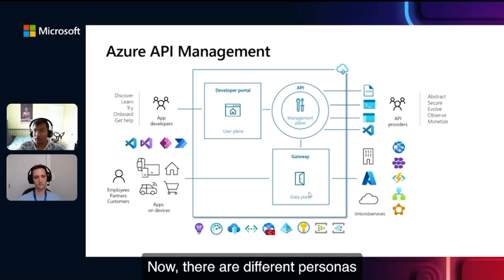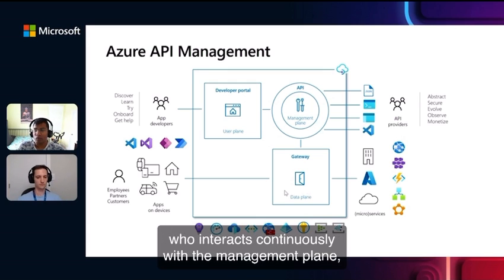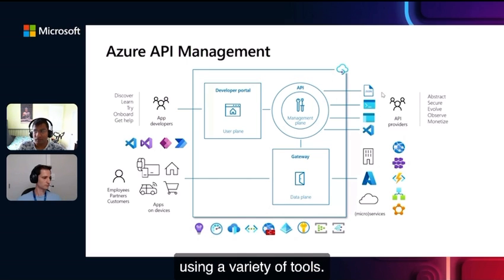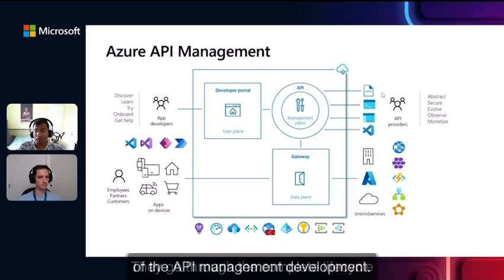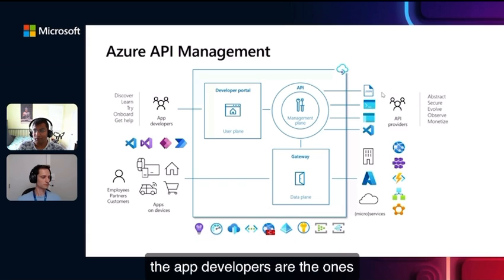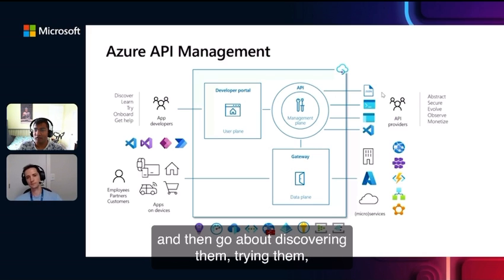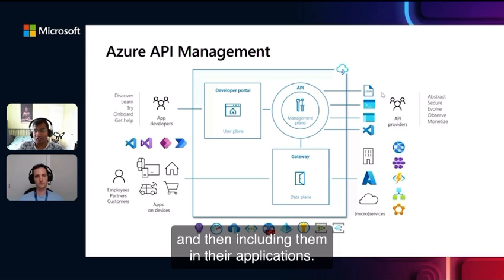Now there are different personas that API management interacts with. It has the developers, who are the API providers, who interact continuously with the management plane using a variety of tools. They go through the complete life cycle of API development. Then once the APIs are available for consumption, the app developers are the ones who interact with the developer portal of API management, and then go about discovering them, trying them, and then including them in their applications.